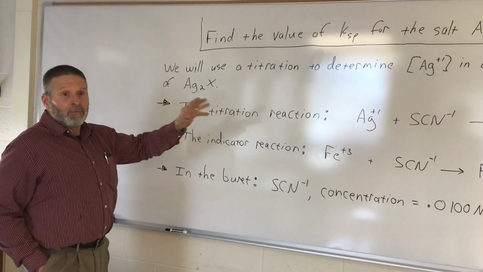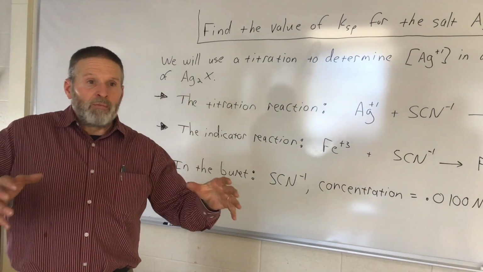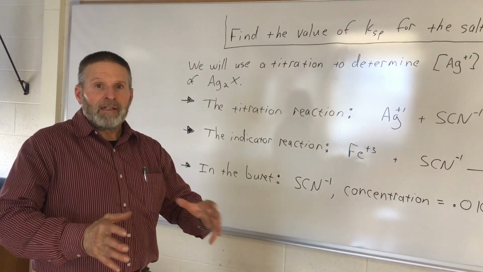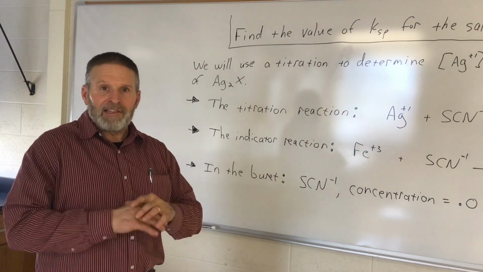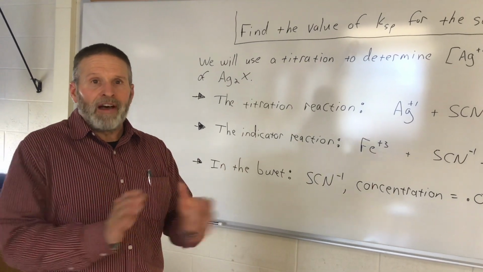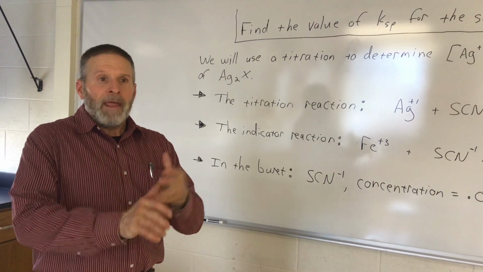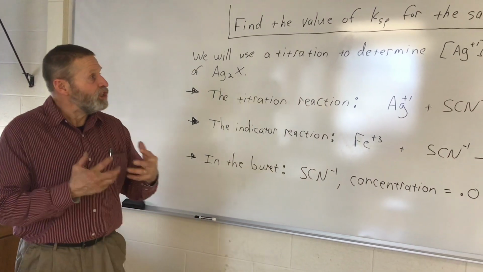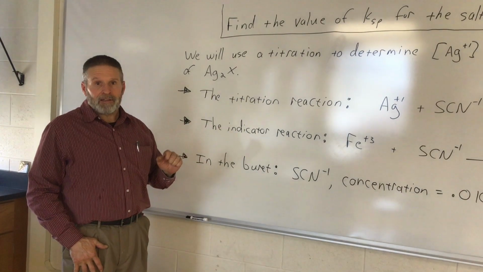Mr. Moore and I took a bunch of this salt, Ag2X, dumped it into a beaker, stirred it like crazy, let it sit for a long time, developed the equilibrium, and then we poured off the solution to be titrated in this lab.